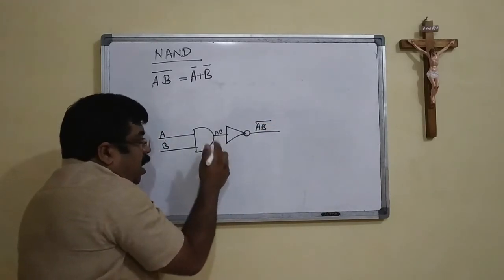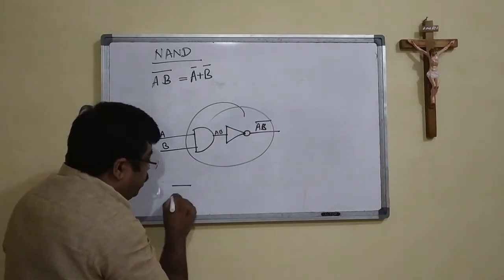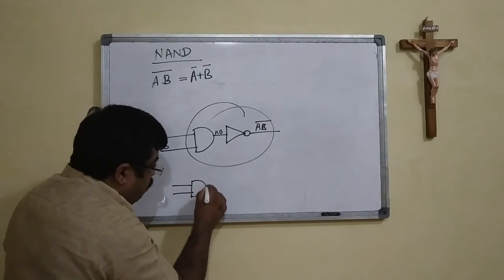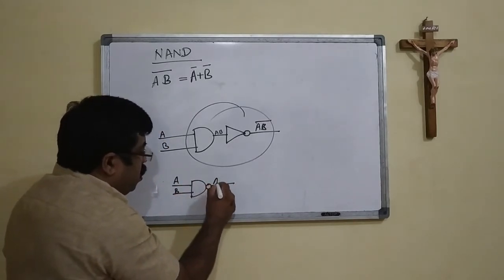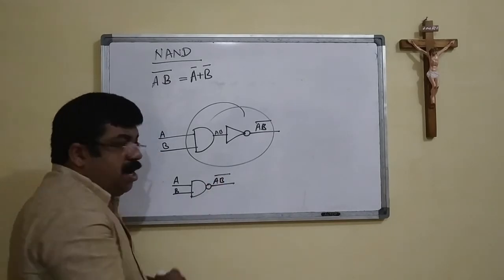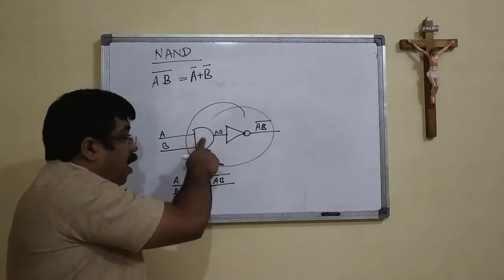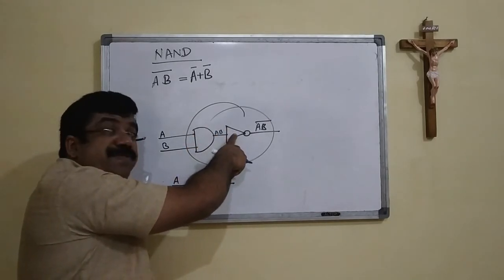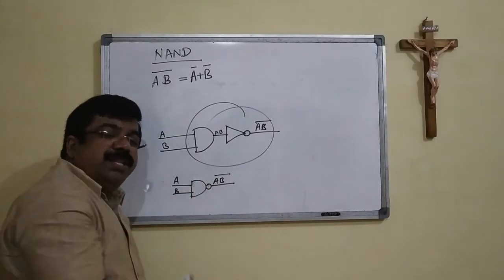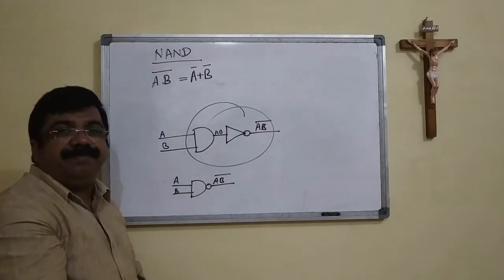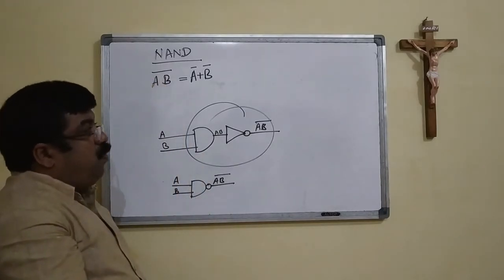We can say the logic circuit of the NAND gate has a symbol like this: A, B, and this is A into B, the whole bar. This is the explanation. AND with a NOT at the end is formed in this way, the NAND gate. Okay. Its formula is given here.